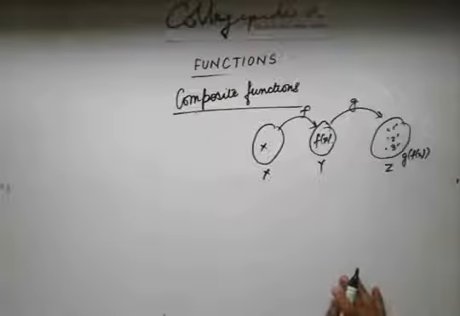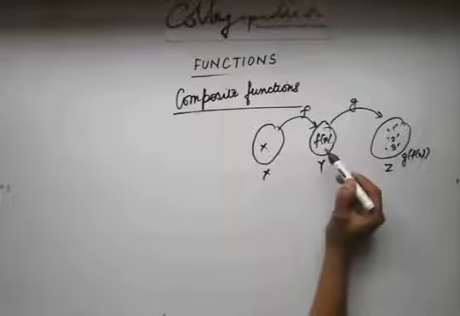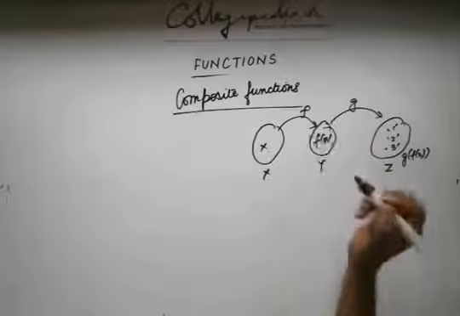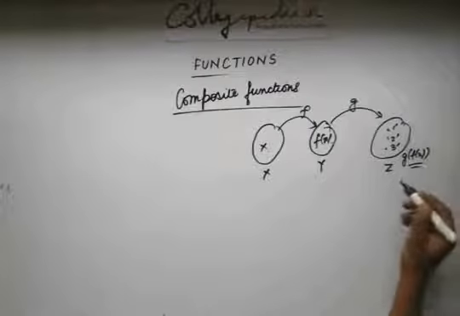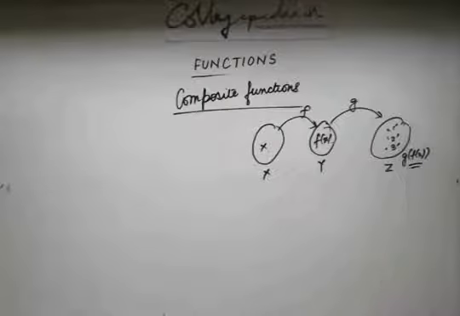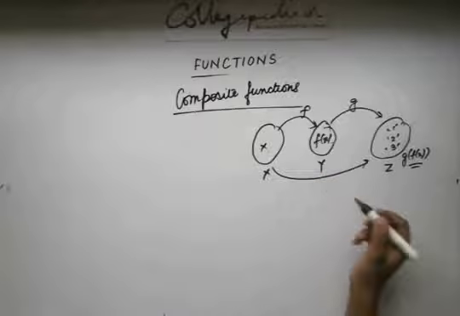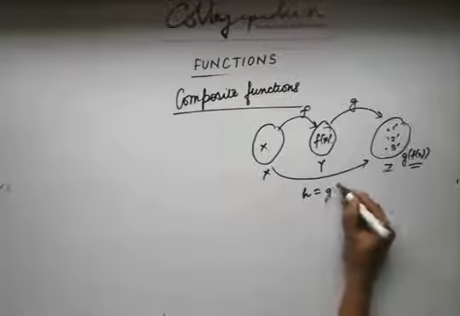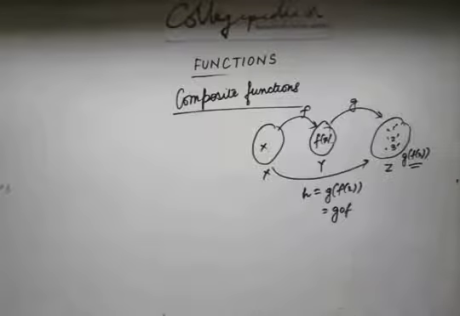Okay. So what we have done is we have taken the f image of x, then we take the g image of f(x) to find g of f(x). I found out first f(x), and then we found out g of f(x). So you can directly write this as some rule h as g of f of x, or we write it also as g of f.